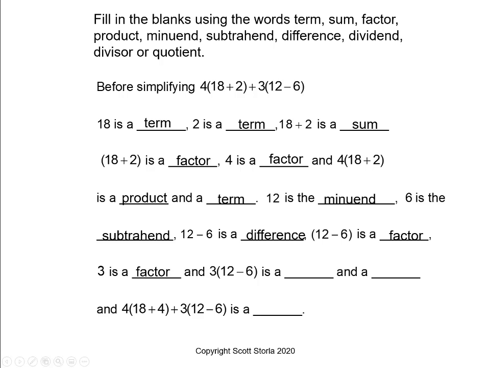That means 3 times the quantity 12 minus 6 is a product, and it's also a term because it's to the right of this addition symbol. By the order of operations, we would add and subtract, then multiply and multiply, and we would do this addition last, and that makes the entire expression a sum.